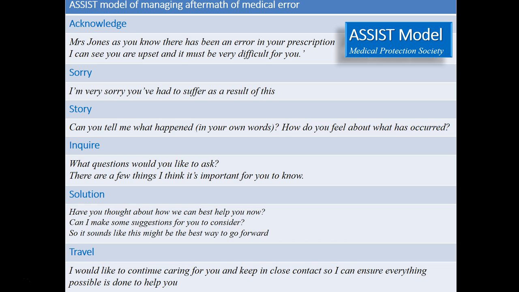So I think you should express this by saying, I would like to continue caring for you and keep in close contact so I can ensure everything possible is done to help you. Now, if the patient is very angry and upset about what's happened, particularly if it's a diagnostic error of quite significant importance, then you have to allow them to exercise their right to move elsewhere and no longer be a patient of yours.